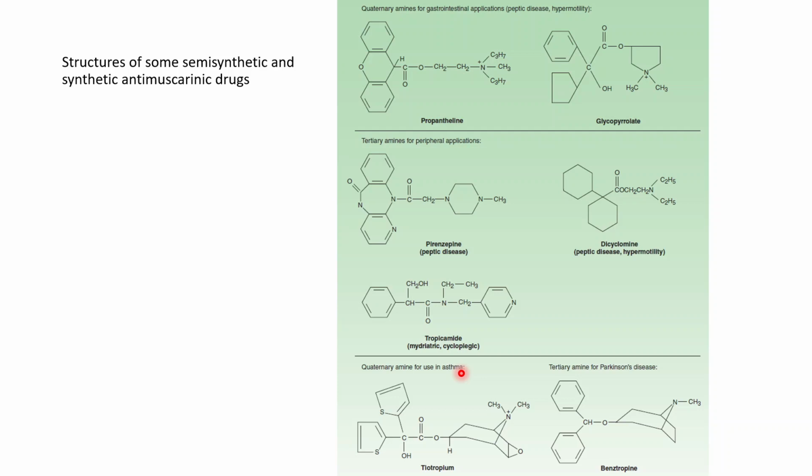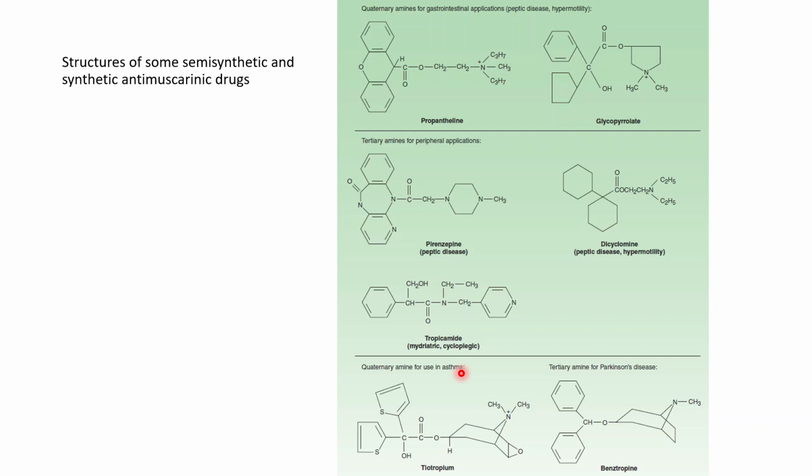The alkaloids are well absorbed from the GI tract, and they can also be absorbed through the eye, and through the skin.